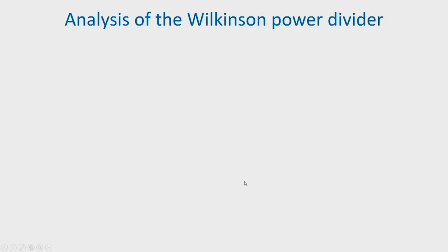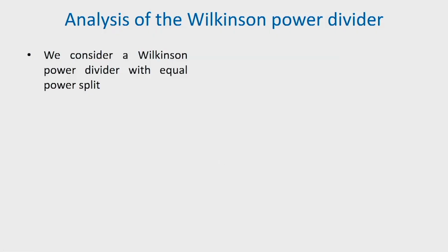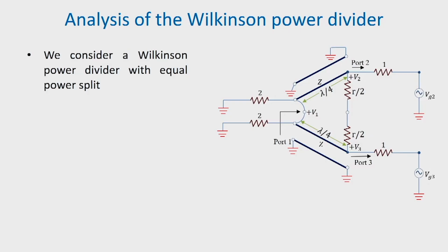Let us now see how we can analyze such a Wilkinson power divider and get the S matrix as we have shown. For that, we consider a Wilkinson power divider with equal power split, and this is shown here.